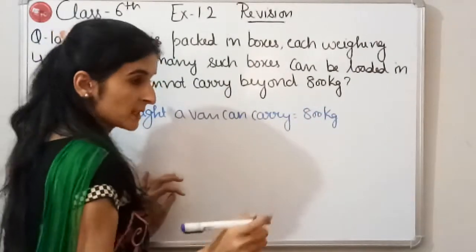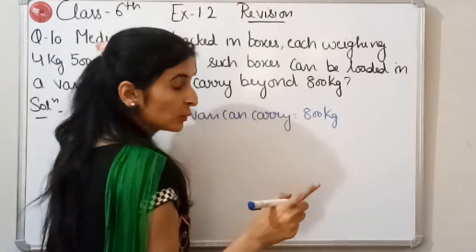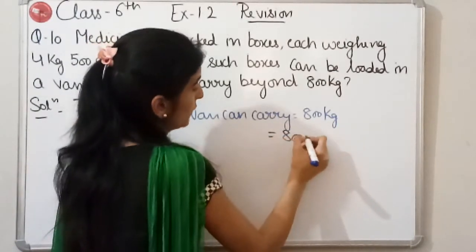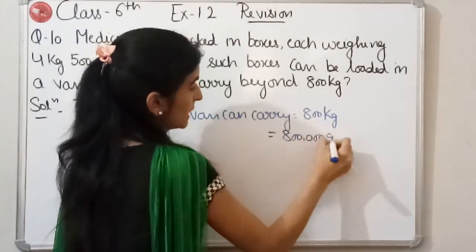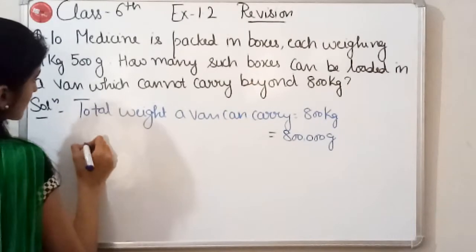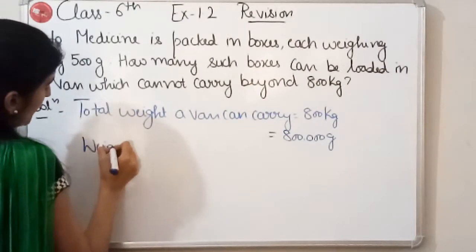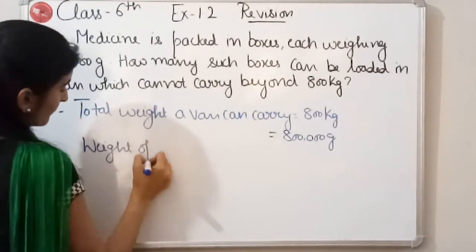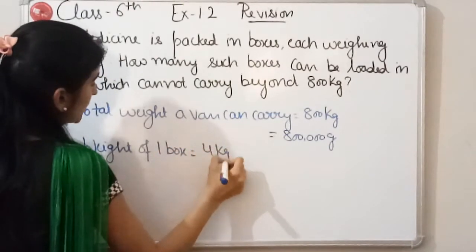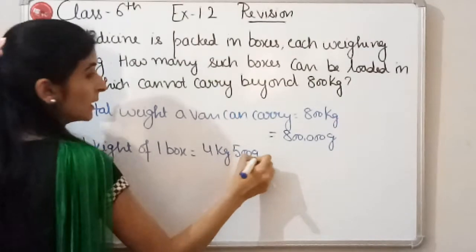And children, as we know, 1 kilogram is equal to 1000 gram. So 800 kilogram will be equal to 800,000 grams. And if we talk about the weight of one box, then it is equal to 4 kilogram 500 gram.